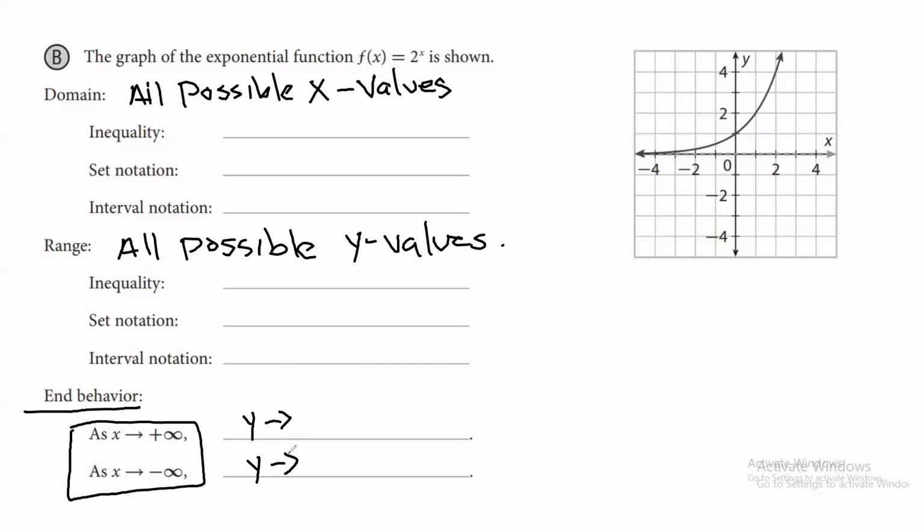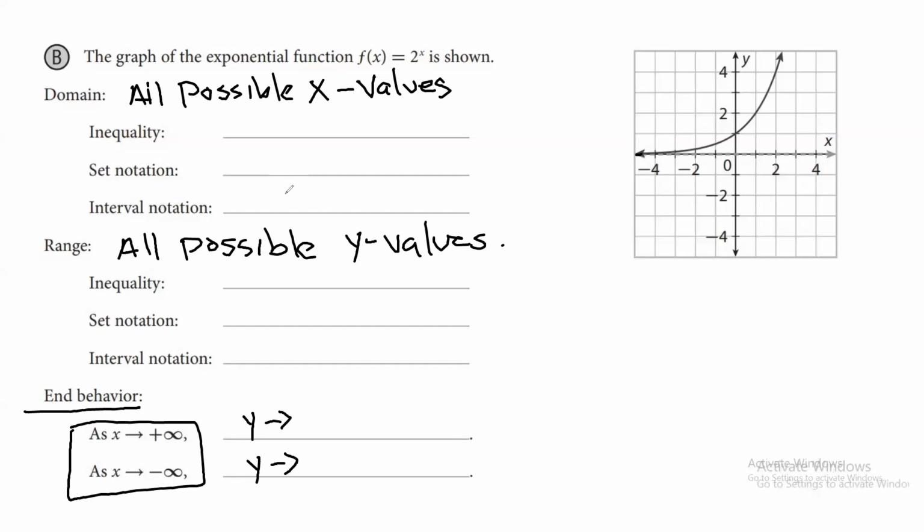What is all possible x values, or what is the domain in this graph here? Negative infinity to what?